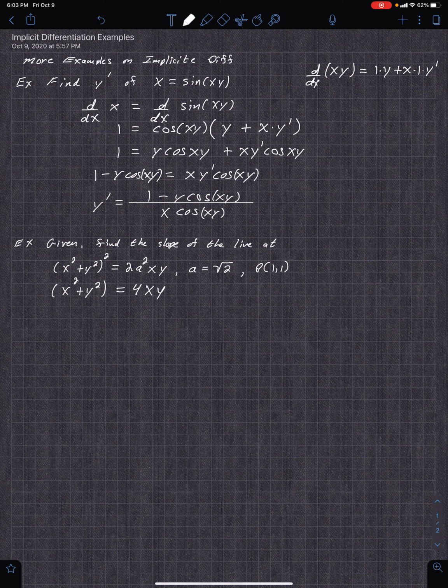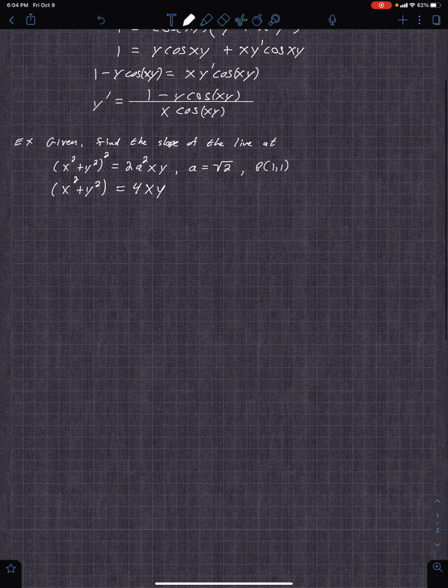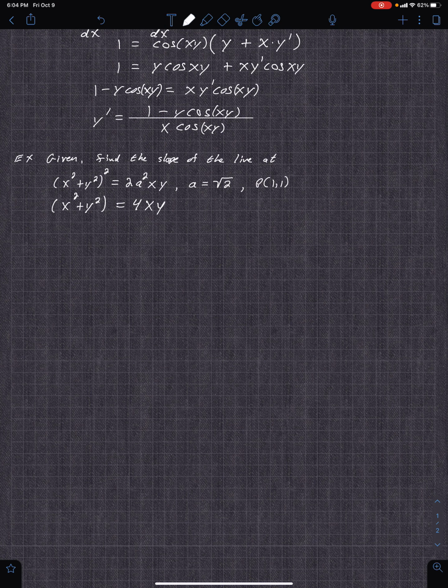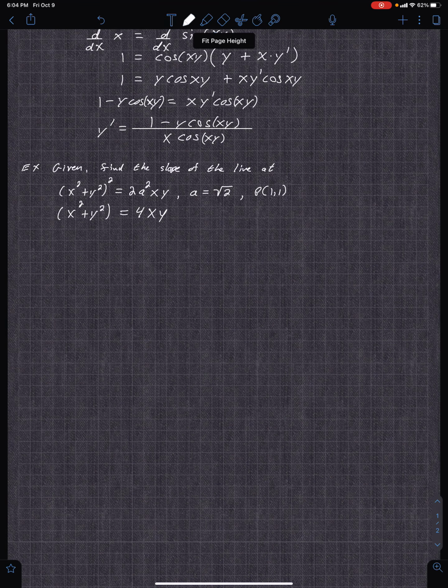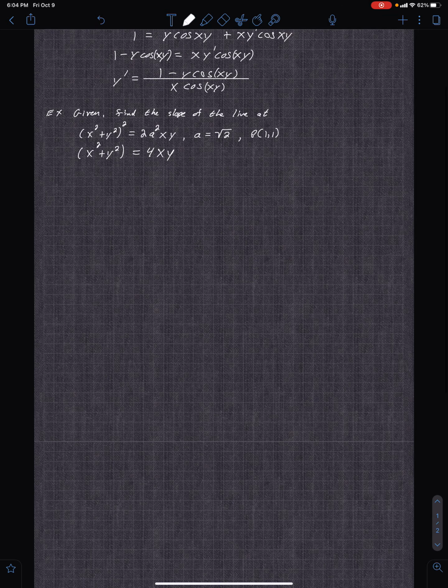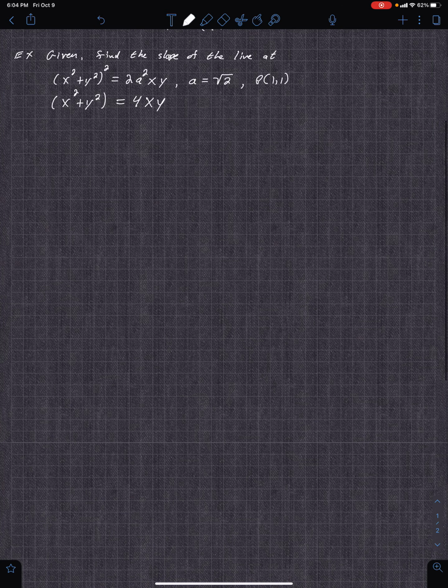Once we have y prime in there, we will be able to find the slope. So basically, what that's asking is to find y prime. Now, it may not necessarily need to be isolated, but we need to find it.